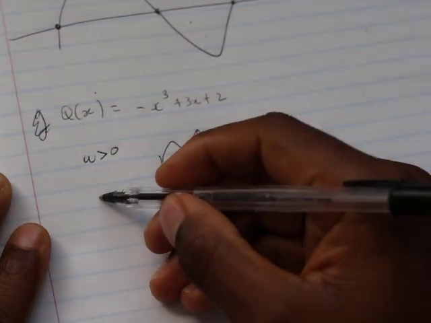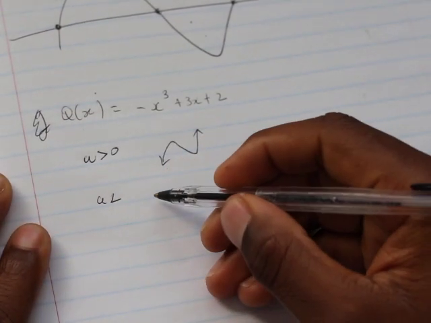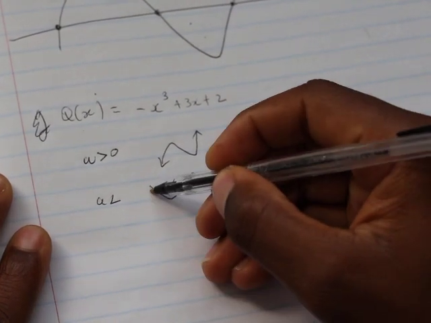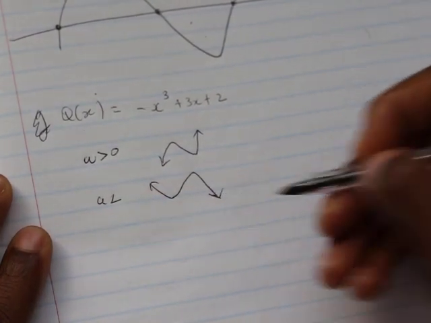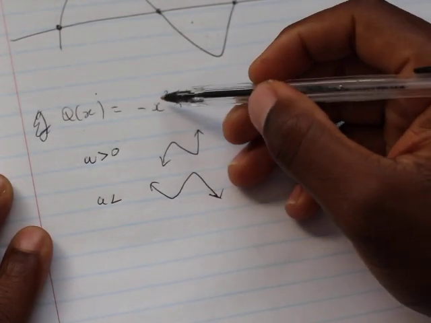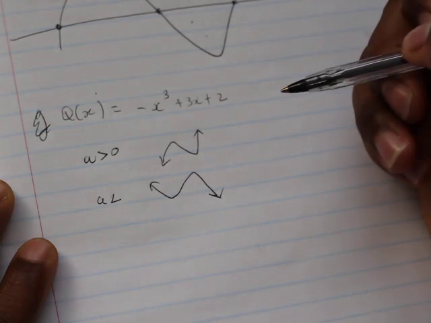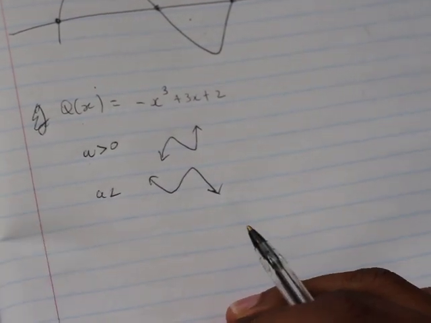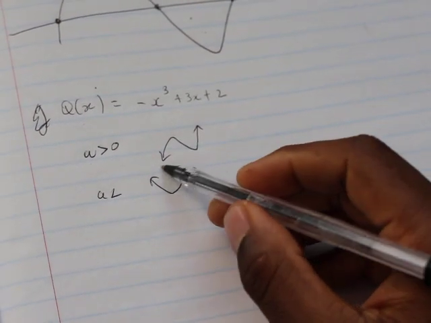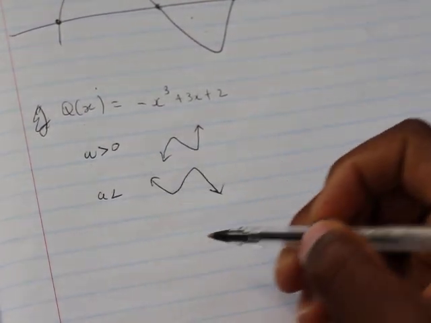And if a is less than 0, you would have a function like this. And the a we're talking about is the coefficient of x cubed. By looking at this, you can see that we would have this type of cubic function.